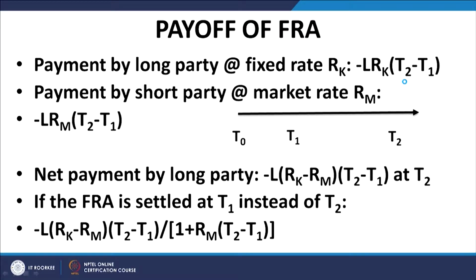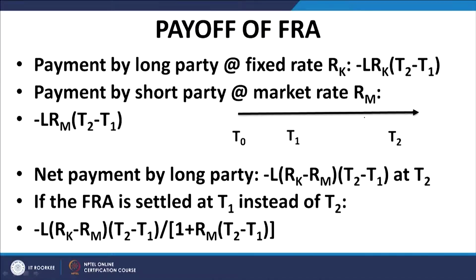Now, let us look at the payoff. Payoff is rather straightforward to calculate. If RK is the fixed rate that is agreed upon by the party that is long to the agreement, the party who has bought the agreement, then its payment of interest will be L into RK, where L is the notional principal and RK is the fixed interest rate, into the time period which is T2 minus T1. And the loan is deemed to be in existence for the period T2 minus T1.